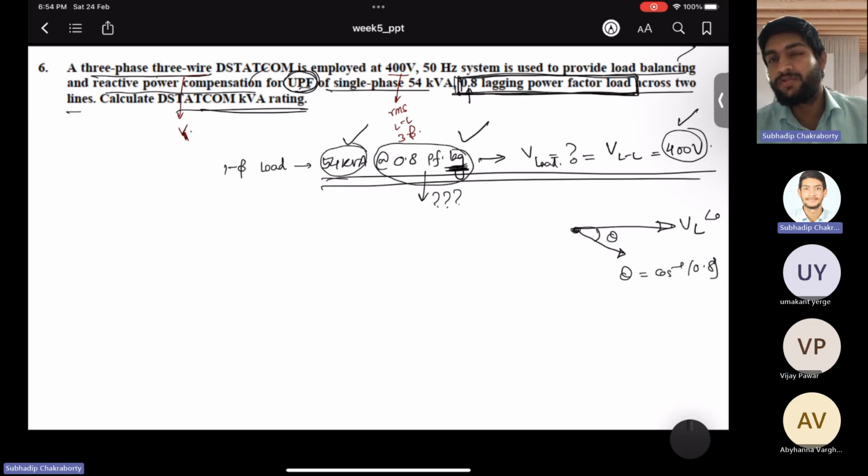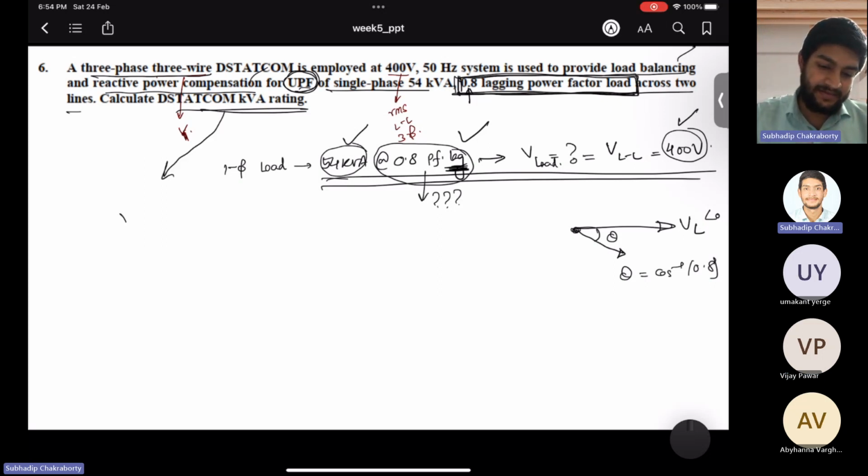So what is the role of DSTATCOM here? One is load balancing, that is reshuffling of the active power by the lines, and another role, for which you need the DSTATCOM currents, is to inject the reactive power. So what can I ask?